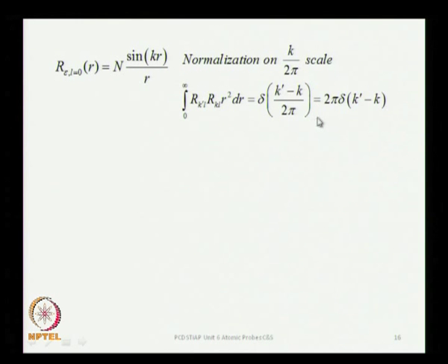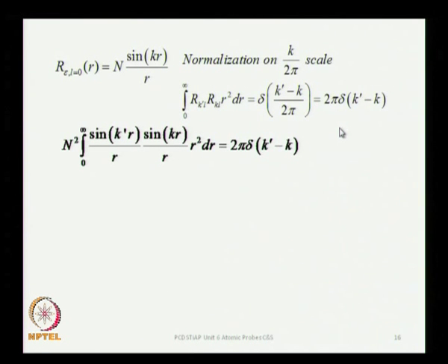So this integral is twice pi Dirac delta k prime minus k, and since this is N sine kr over r, you get N squared sine k prime r over r. The integrand is a product of this function with another one, and then you have got the volume element, which is the radial volume element r squared dr, as you know, in the spherical polar coordinate system.